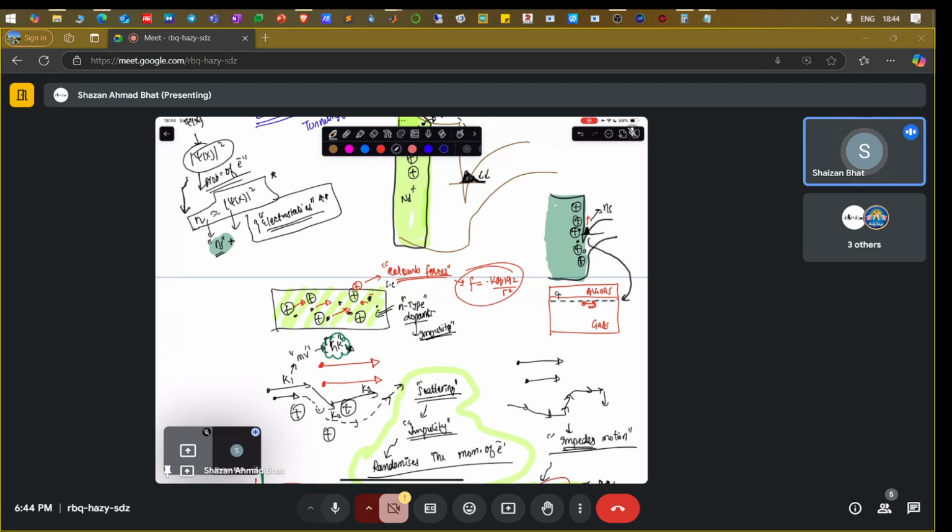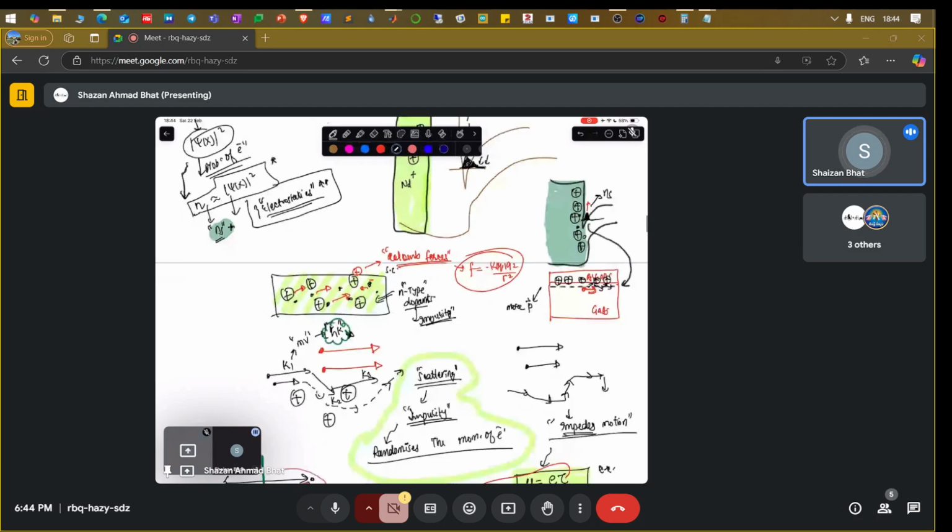You have positive charges here, then the electron will encounter these scatterers and again randomize its momentum, p as a vector. The more the momentum randomizing events, the less the mobility. That means the device is going to suffer.